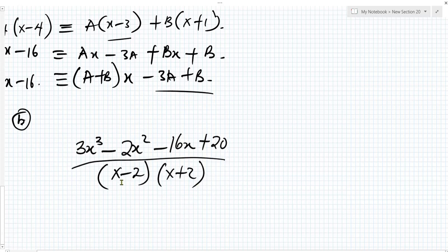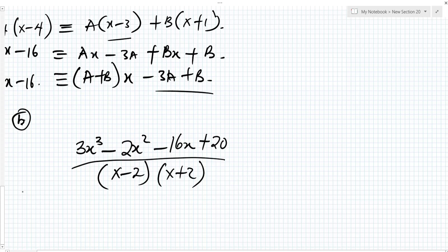Now if you check the power of x in the numerator, it is more than the power of x in the denominator. The denominator is x squared while the numerator is x cubed. So I needed to divide.